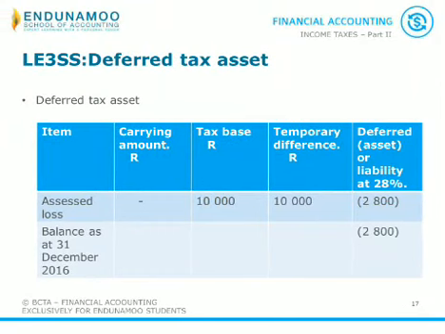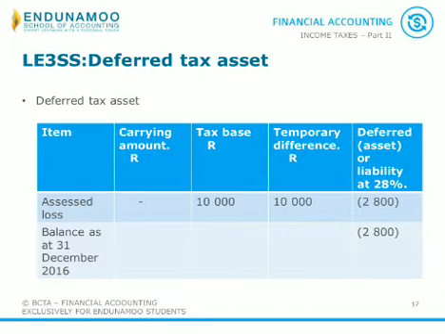If we apply rule number 2, our carrying amount is 0 and we're sitting with the tax base, which we derived through our tax computation, applying our tax legislation. We arrived at 10,000 Rand, which resulted in a temporary difference of 10,000 Rand, and we calculate 28% of that. That is how we land at a deferred tax asset of 2,800 Rand.